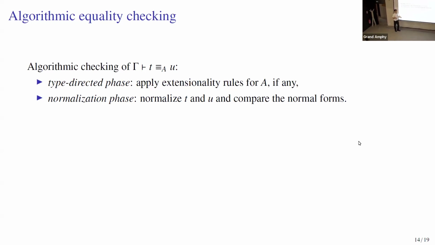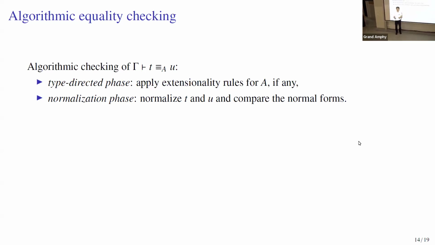And then once you run out of these extensionality rules, you switch to the normalization phase. Many implementations of proof assistants avoid the type-directed phase altogether, by the way. They just have the normalization phase. So in Frederick's talks, there was just normalization. There you normalize T and U. What does that mean?